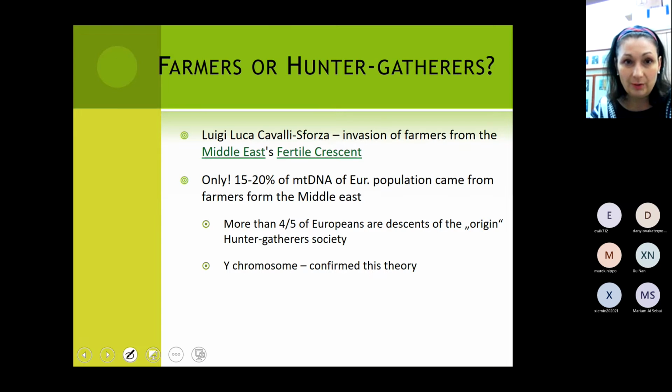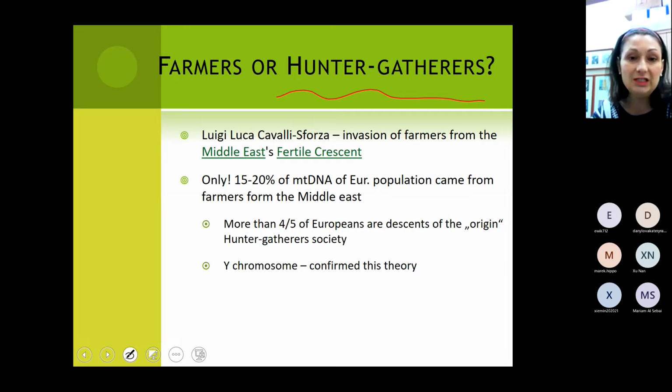So, what about the genetic roots of the inhabitants of Europe? Are we farmers or hunter-gatherers? Scientists did this research and found that more than 80% of our mitochondrial DNA comes from the hunter-gatherers.